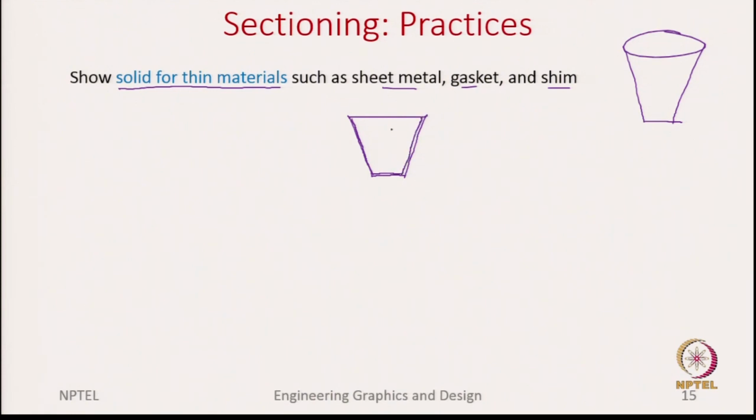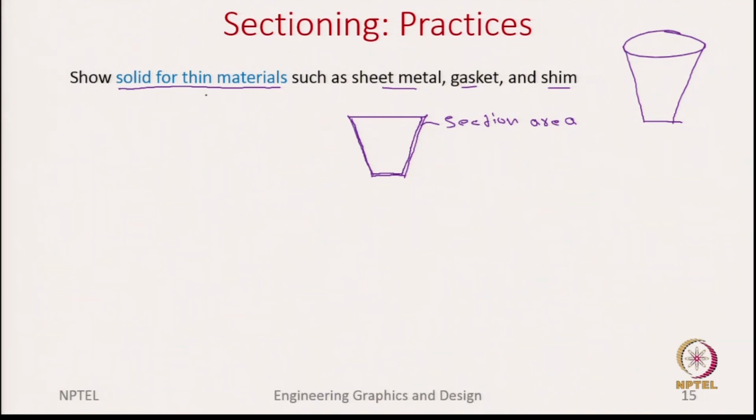Okay. Now, we have made the section and there is a section area. So, for example, this is the section area. If I go ahead and draw those parallel lines for sections, I can still do that, but it will be very difficult to notice.